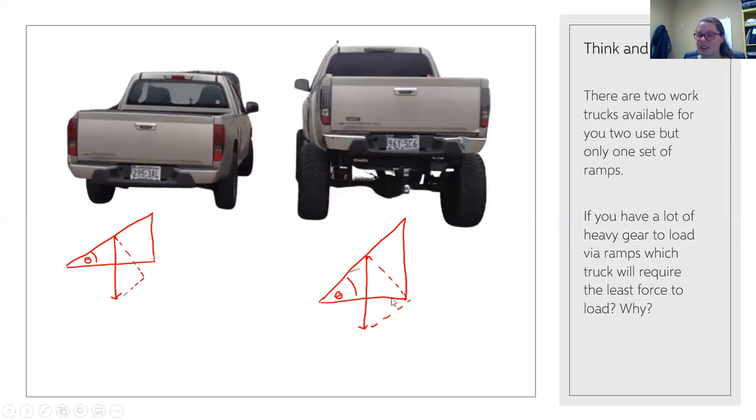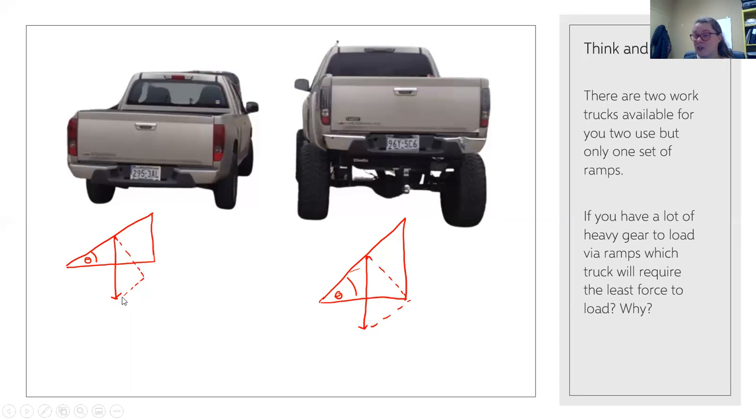In this case, we have more gravity pulling us down the ramp than in this case. So we're going to have more gravity to overcome if I use the higher truck. It's going to be closer to just lifting that box straight up. This one, we have a larger normal force, which means we're going to have a little bit more friction, but we don't have as much gravity to fight with.